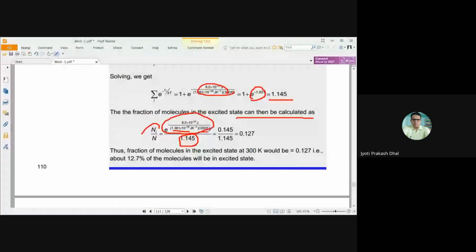Now solving this again, that is equal to 0.145 divided by 1.145, that is equal to 0.127, that is only percent.